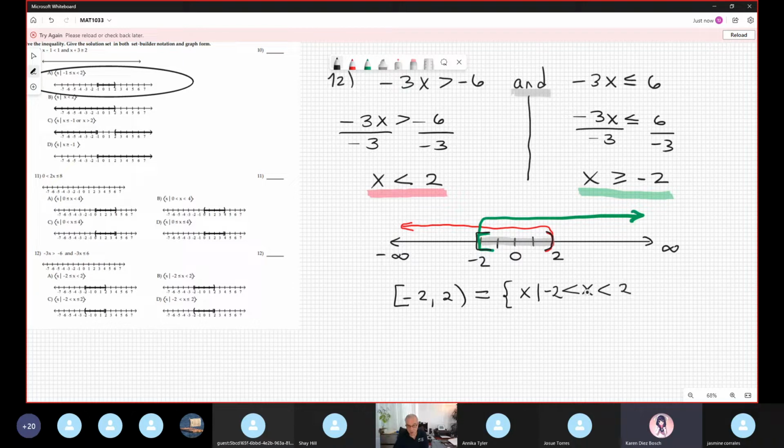But negative 2 is equal, and positive 2, no. Okay, cool. Let me try. What is the final answer then? I suppose it's this. B, no? Right? B?